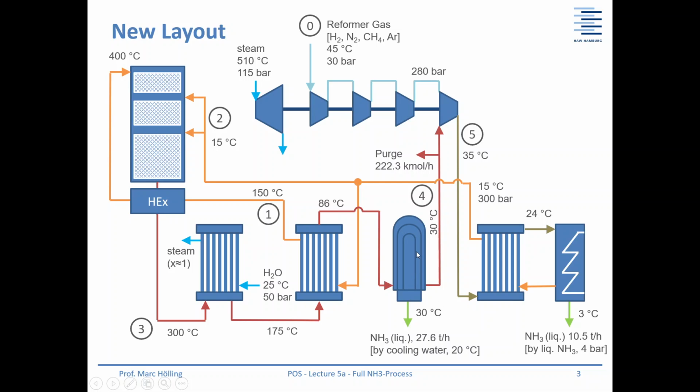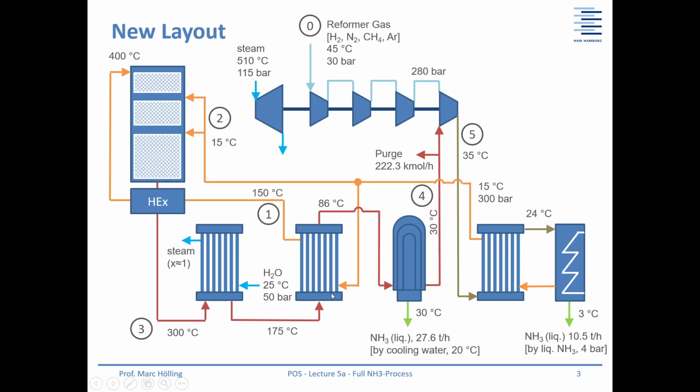Here again we use the compound separator and not the gas-liquid separator. Then you purge. Here you have a mole flow of 225.3 kilomoles per hour, and the rest is sent to the fourth compression stage.